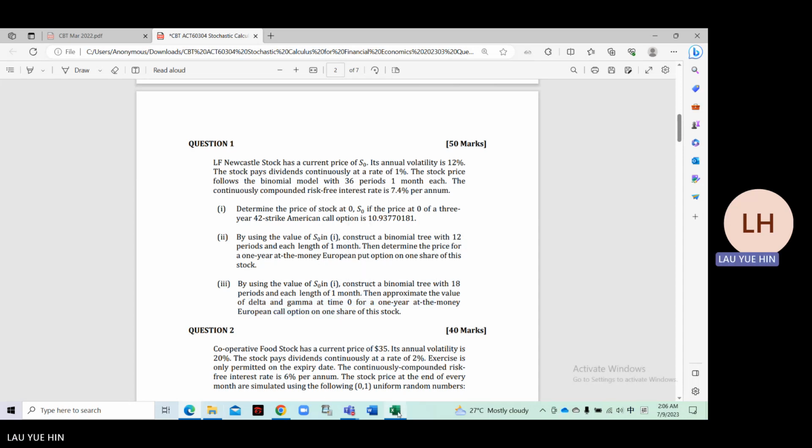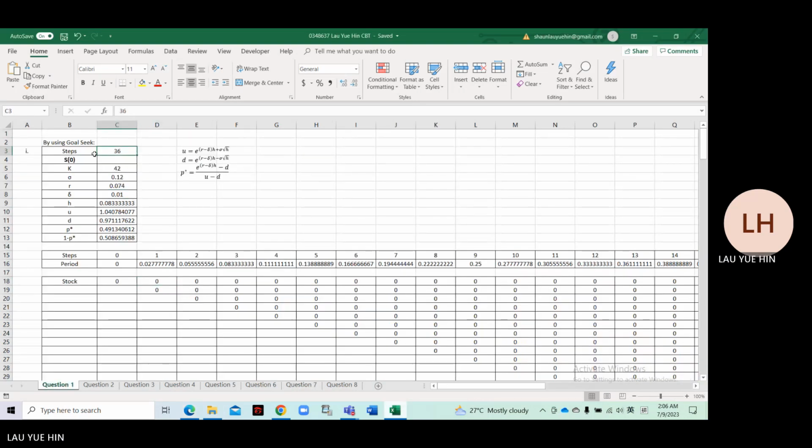So firstly, I list down the data given. For part 1, there are 36 periods, and then K is 42, sigma is 12%, R is 7.4%, delta is 0.01, and to find h, it is actually 1 divided by 12.